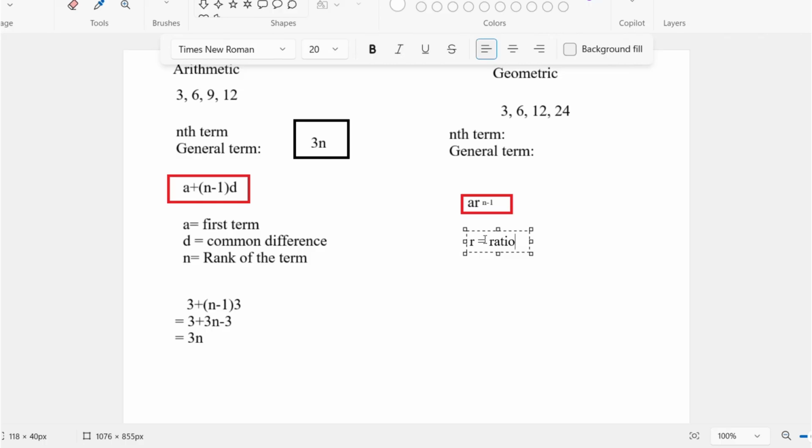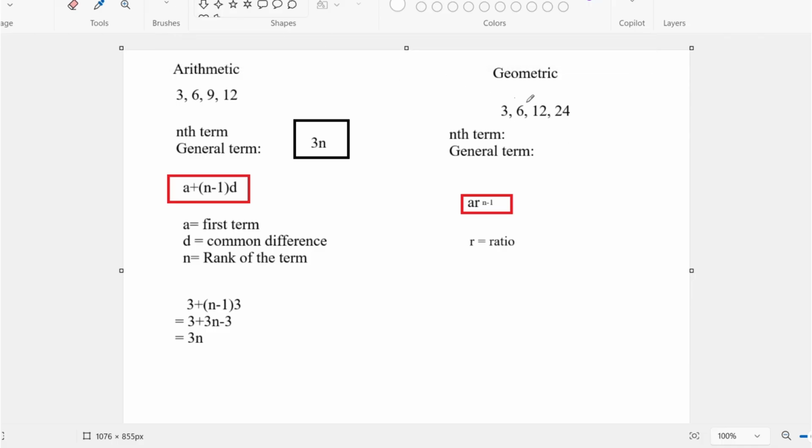So you may be wondering how on earth there is a ratio in these patterns. The ratio means how the value is multiplied with the previous term. So in this case, the value is multiplied by 2. So the ratio in this case is 2.